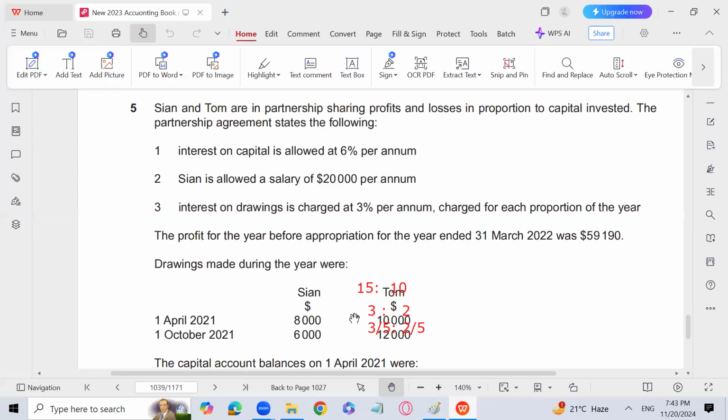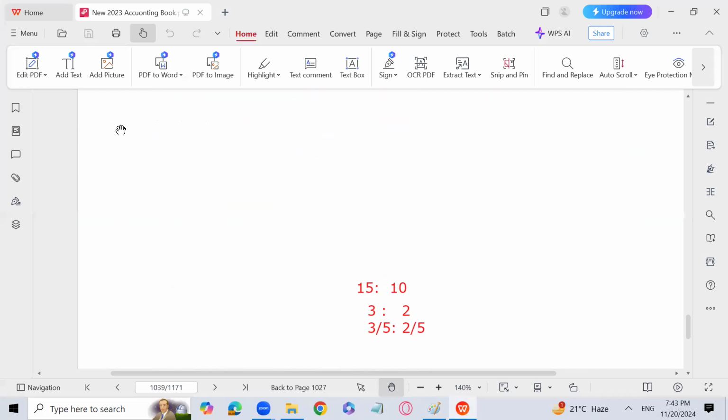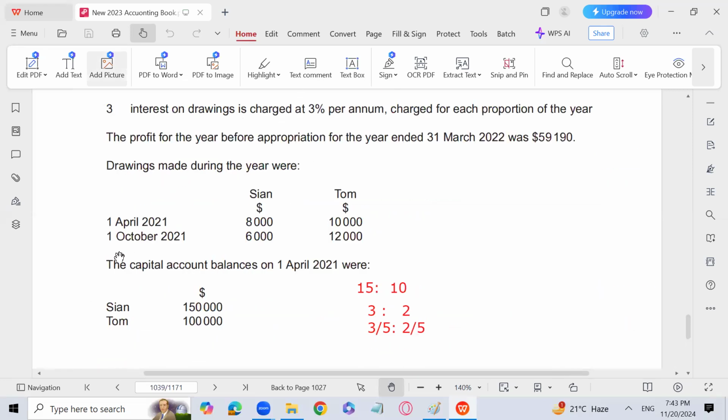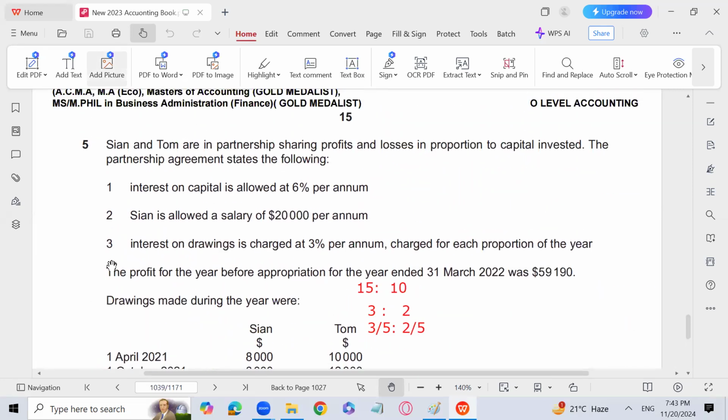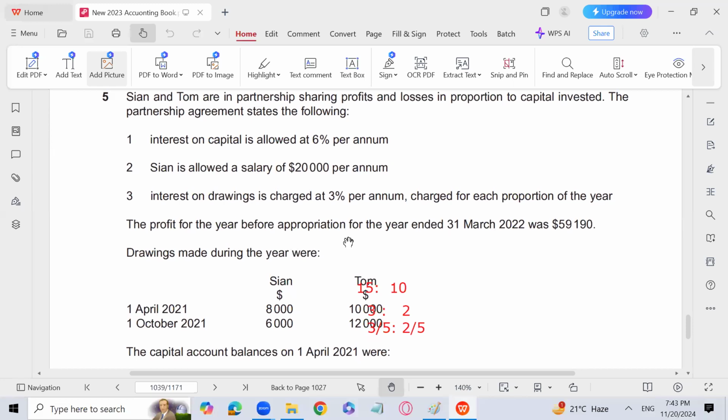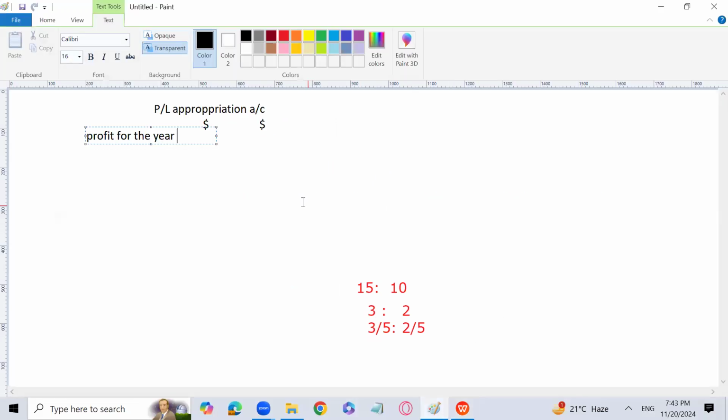Let's see where it is given. Let's find out. Drawings, capital account. Where is the profit? Oh, let's find out the profit. The profit for the year before appropriation for the year ended 31st March 2022 is 59,190. So I can write here 59,190.